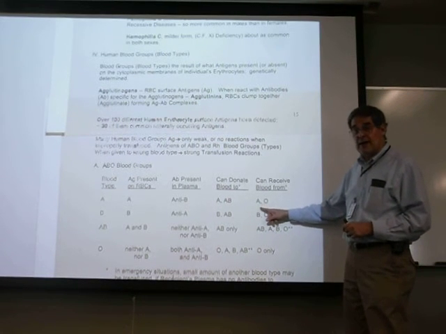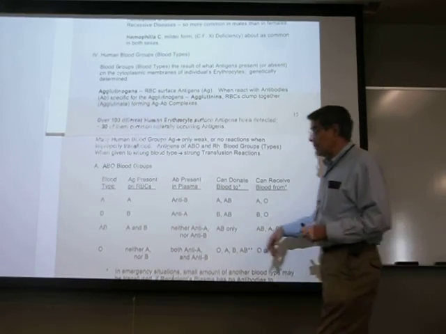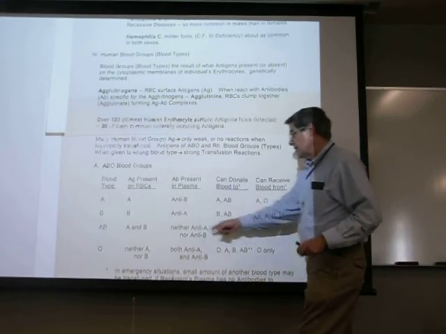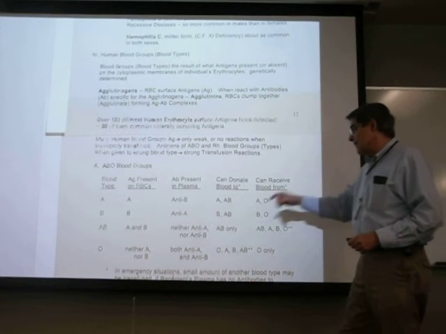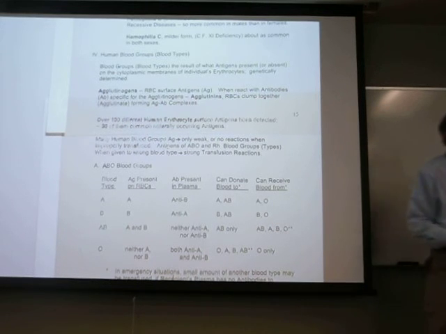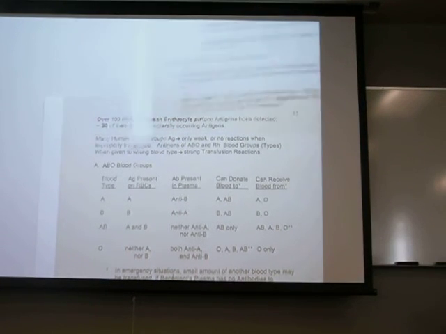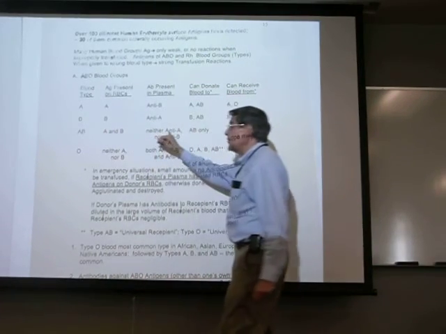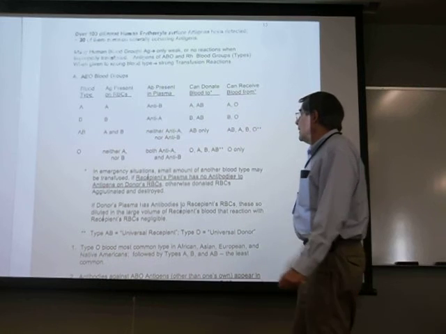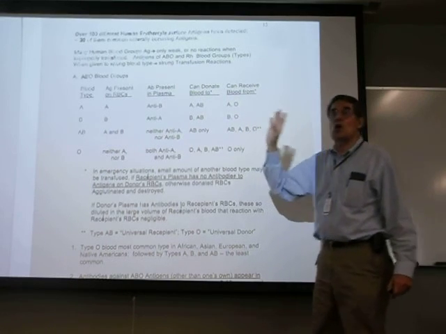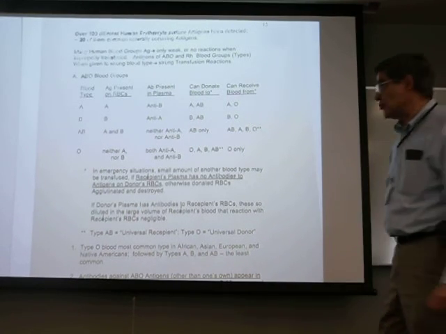Can receive from itself, A, and small quantities of O. Type B, the B antigen is present on the red blood cell, anti-A antibody, which is again for a foreign antigen, and again can donate to itself and in small quantities to AB, receive from itself, and also small quantities of O. Type AB has both A and B antigen, neither antibody, neither anti-A nor anti-B, and it can only donate to itself, AB, but it can receive from any of the 4 blood types in small quantities. Okay, but again, small quantities, usually a unit or less.